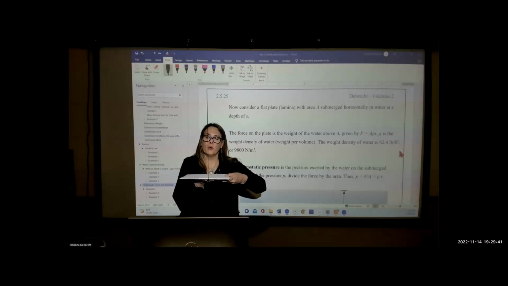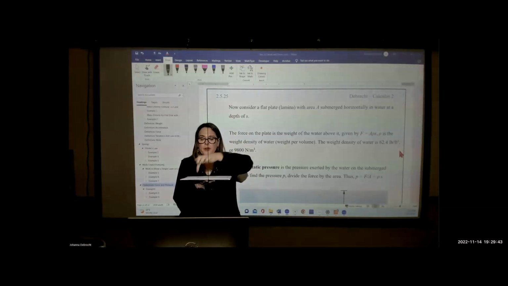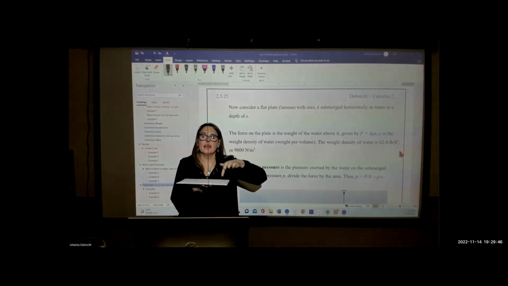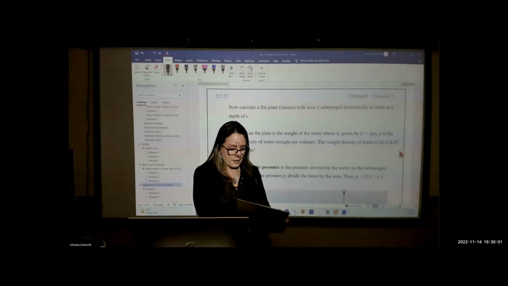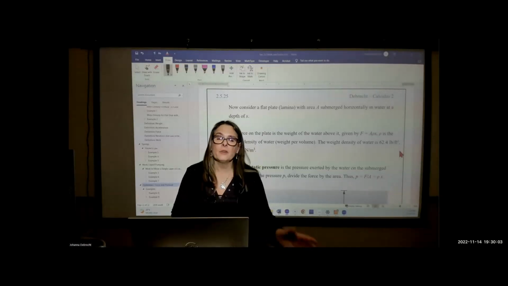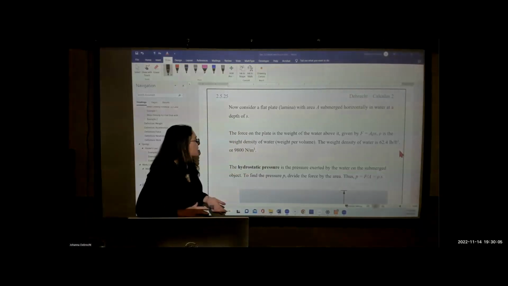And the reason it's important is because then every point on the plate is at the same depth. S is the same for all points on the plate. That would not be the case if we turned it this way. If it were vertical, this would have a different depth from this point down here. So we're thinking about these plates, and we have it oriented horizontally.